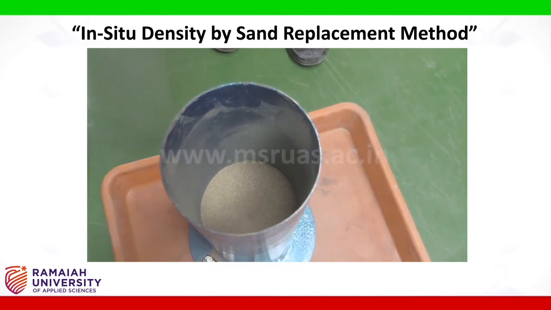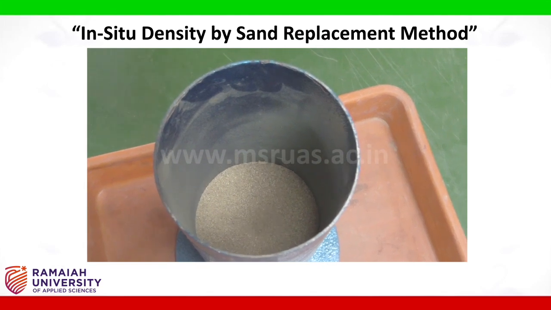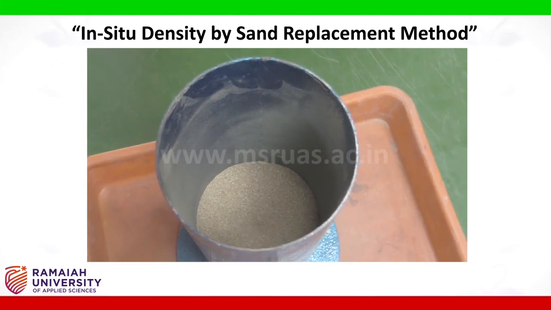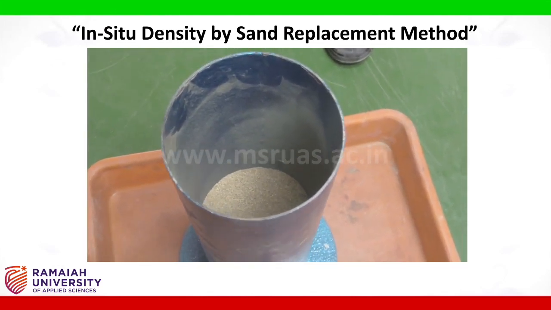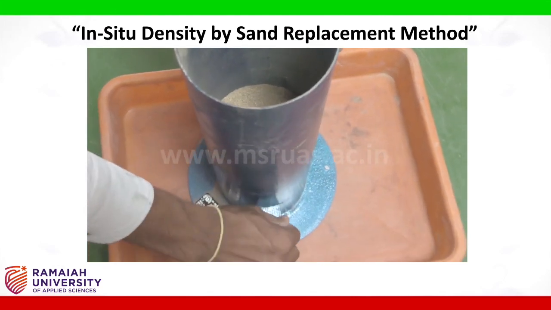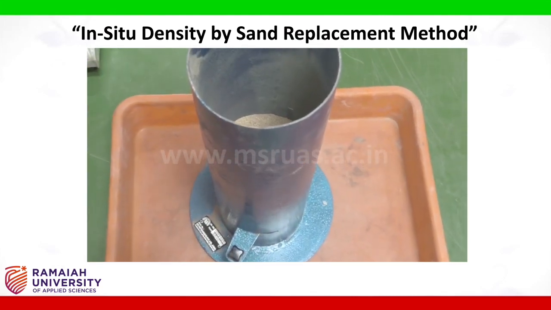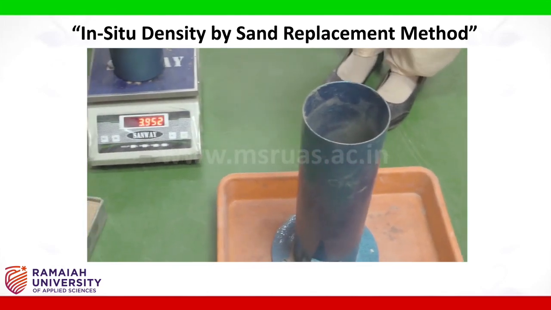Once the valve is opened, the sand will move down, filling the conical portion. Once the movement stops, close the valve. Now weigh this sand pouring cylinder in the weighing machine.